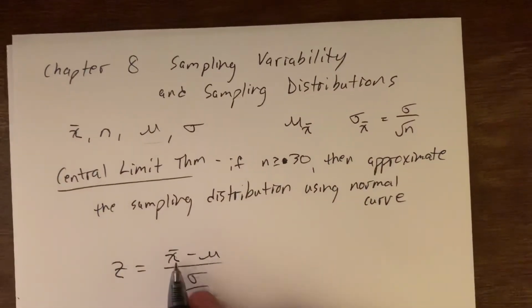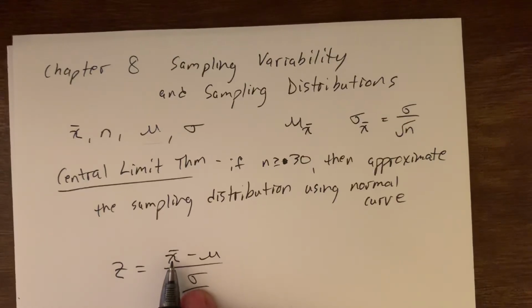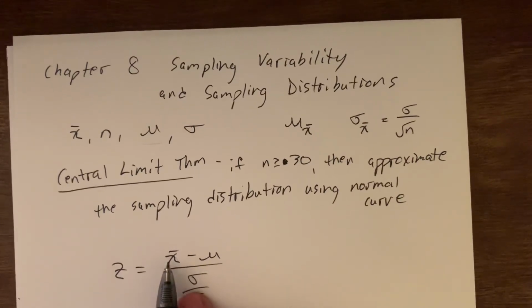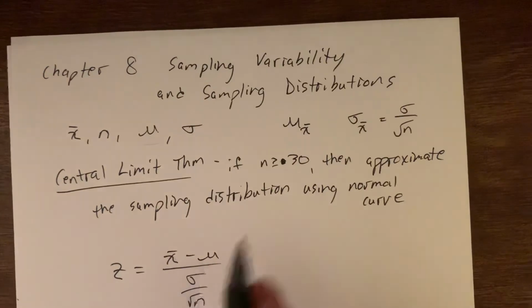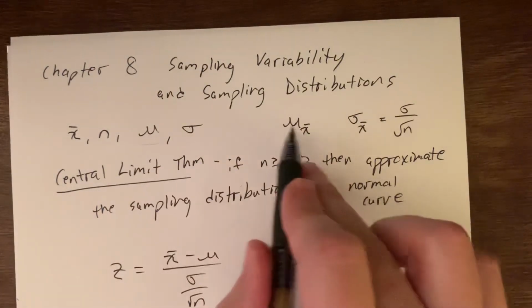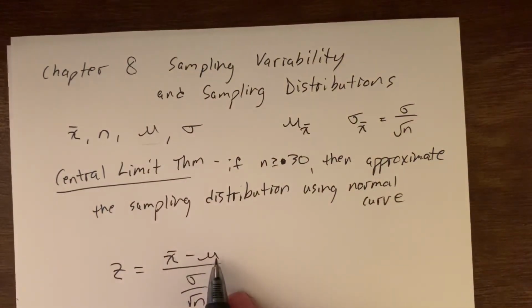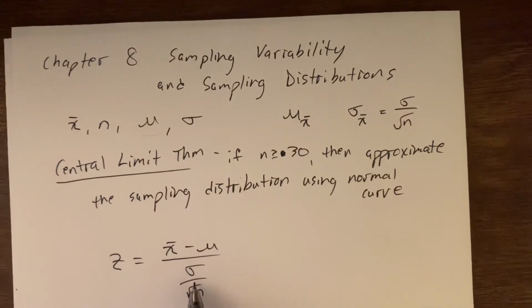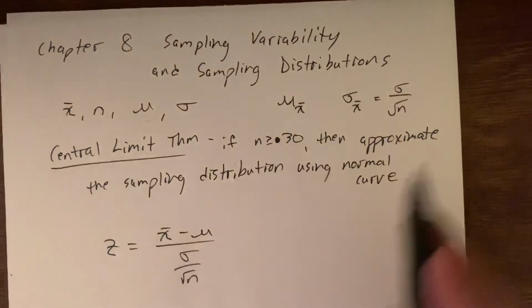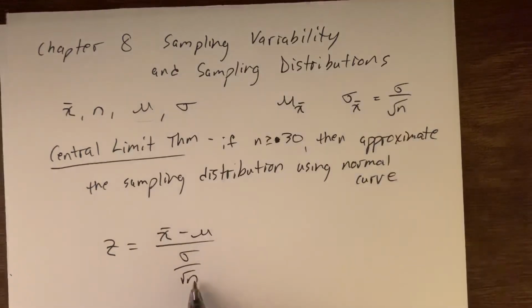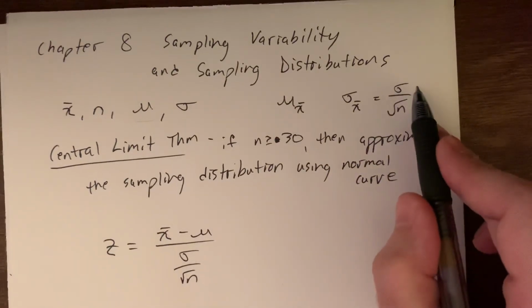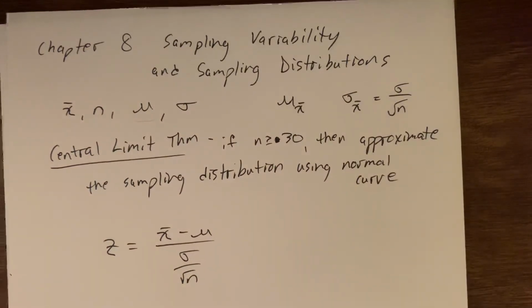We would do data value, which now in this case would be a sample mean, not just one value, but the mean of an entire sample. We'll subtract from that the sampling population mean, which we pointed out would be the same as the regular population mean. And we'll divide by the sampling standard deviation, and that's what I pointed out over here. That sampling standard deviation will be the population standard deviation divided by the square root of n.